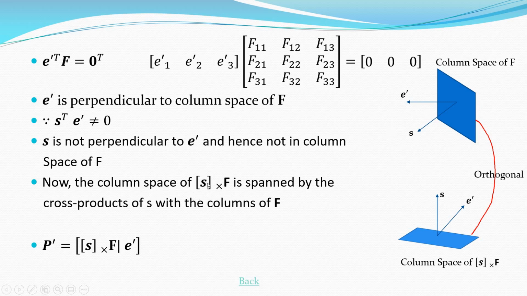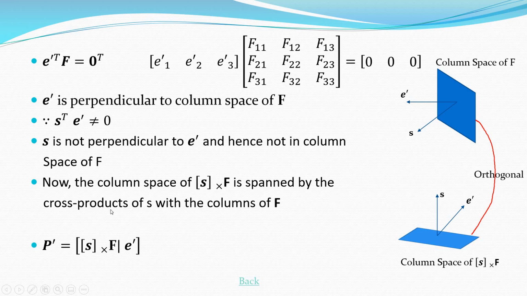Next, the column space of this matrix that we have is actually spanned by the cross products of S with the columns of F. So the column space of this matrix is nothing but perpendicular to S as well as perpendicular to the column space of F, because that is the cross product rule. Whatever vector that you get is perpendicular to both of these.